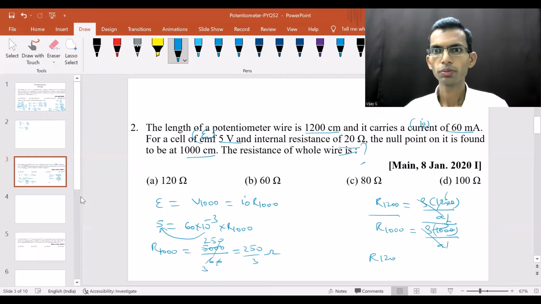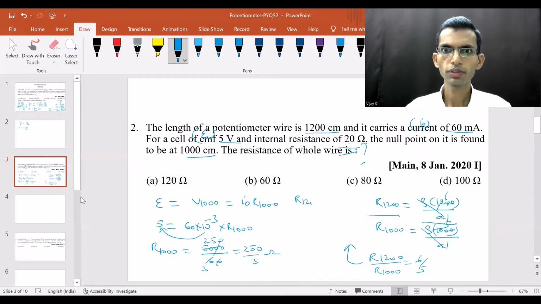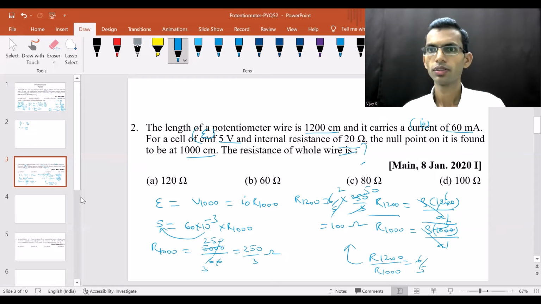So R1200 by R1000 is equal to 6 by 5. That means R1200 is equal to 6 by 5 into R1000. R1000 is 250 by 3. So we get 50 into 200. Which option satisfies? Right, D. So D is the answer.